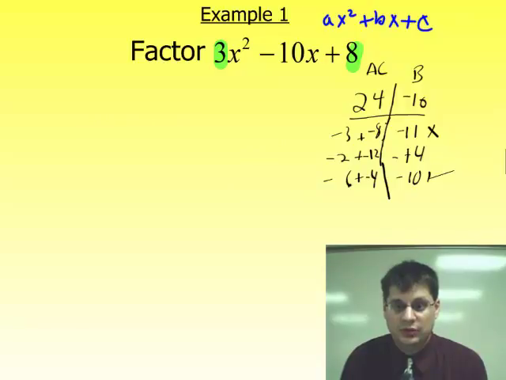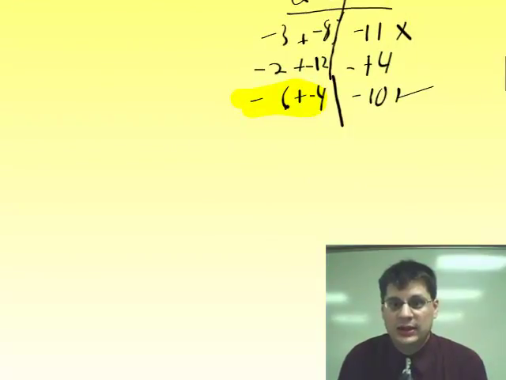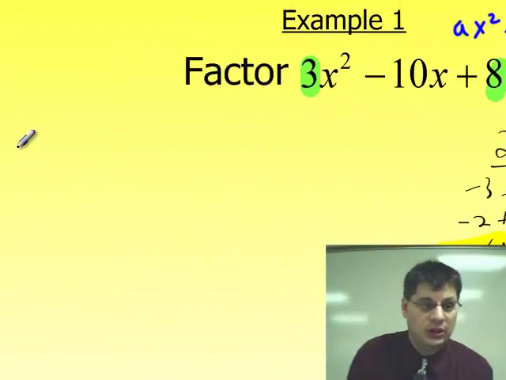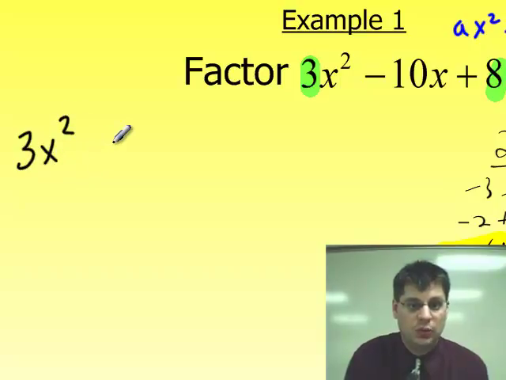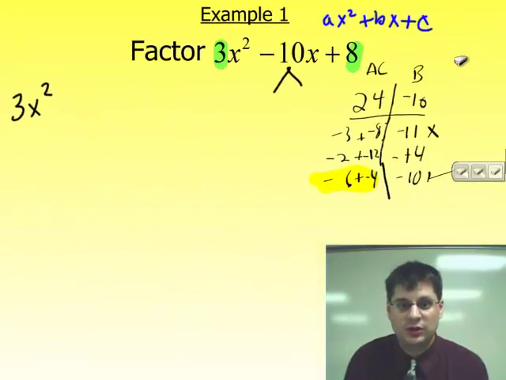Now that I know what numbers I'm going to be using, which is going to be a -6 and a -4, I'm going to rewrite this trinomial into a quadrinomial. In other words, 4 terms. So I have 3x squared. Now, what I'm basically going to be doing is taking this -10 part, and I'm going to be breaking it into 2 different terms.